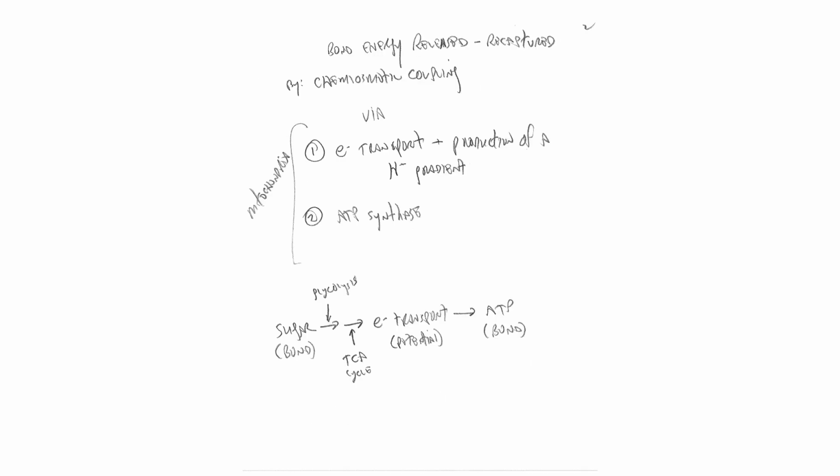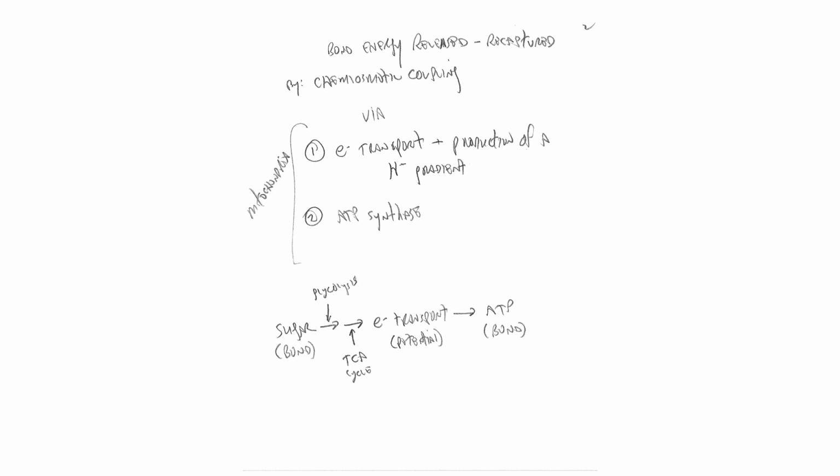Now the bond energy is released and it's recaptured by a process known as chemiosmotic coupling. Well, let's look at the very bottom. That kind of shows a little bit of the outline. So the sugar, which is the bond energy, where all that energy is stored, that we ultimately want to extract. Then through a series of complicated chemical reactions, which I'm not going to talk about, I'll mention it in a second again, glycolysis, the TCA cycle, we end up moving electrons and protons into the electron transport chain.